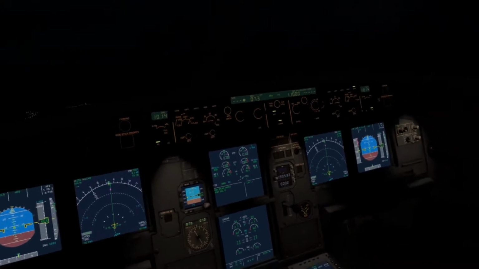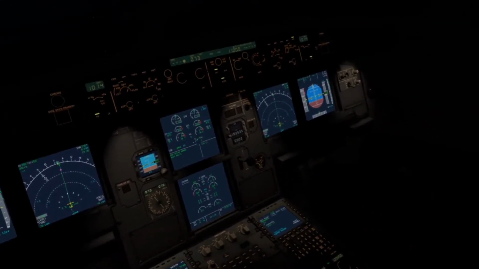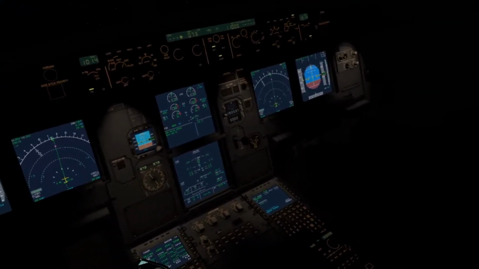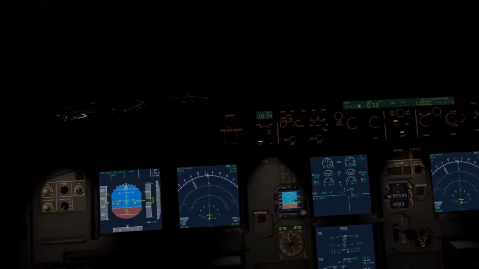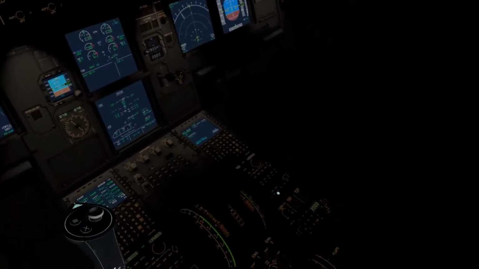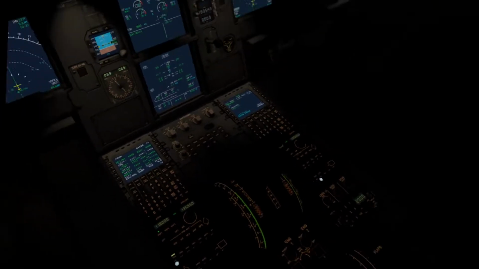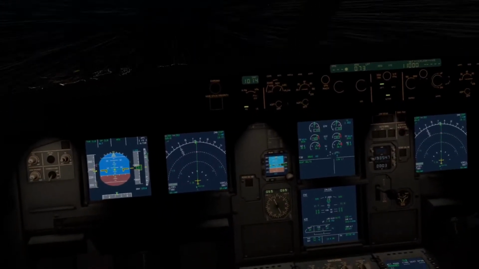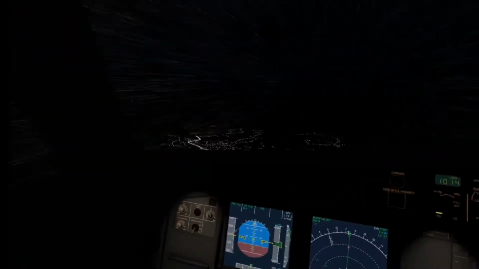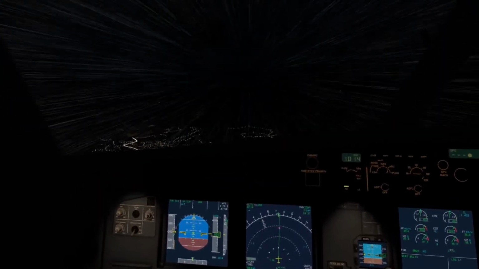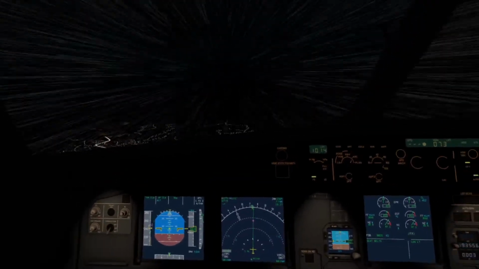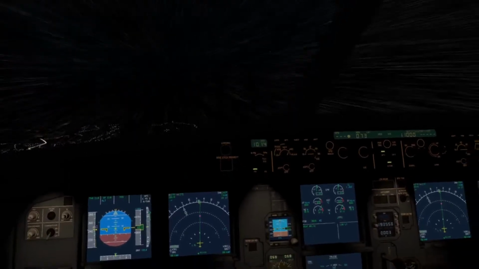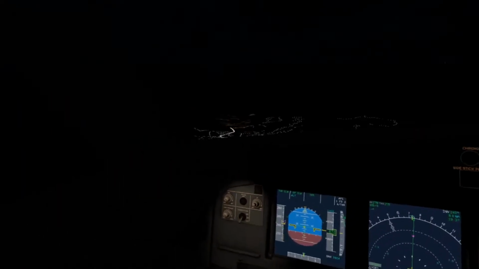So, flap 0. Speed checked. Flaps 0. As you can see, we're not yet high up in the mountains yet to be able to turn. So this is why we're taking our time to climb, basically.